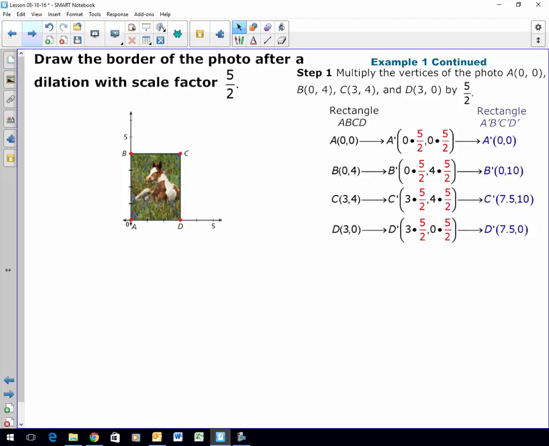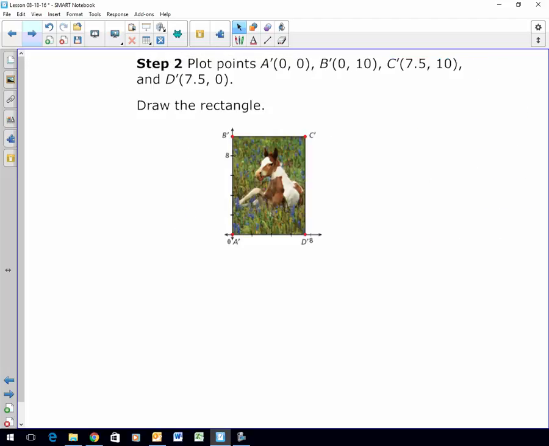What's 0 times 5/2? 0. Everybody's 0 times anything is 0. All right, here we go. 4 times 5/2 is 10. Then I would just plot the new points. And voila, my itty bitty photo got bigger. My little pony.